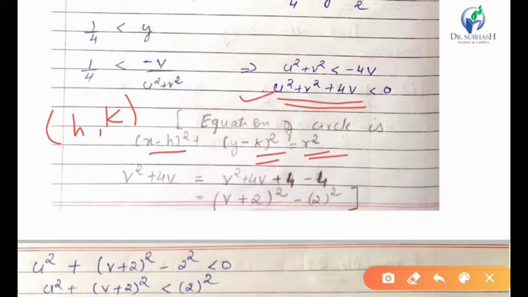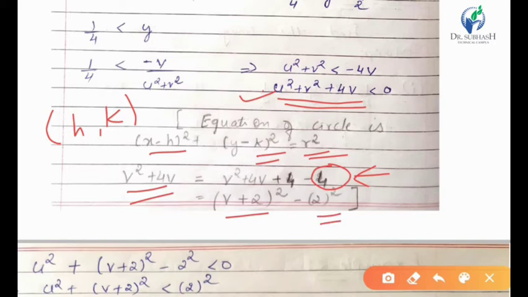Now u square we will not touch. We will just focus now on v square plus 4v. V square plus 4v can be written as v square plus 4v plus 4 minus 4. We will add 4 and subtract 4 to make the perfect square. So here we will get (v plus 2) whole square, and this 4 can be written as 2 whole square. This is the simplification part.